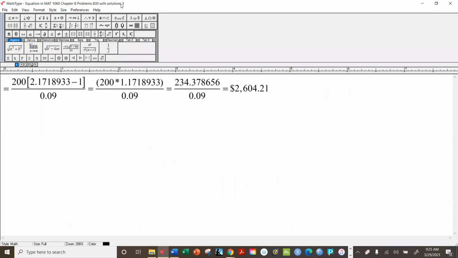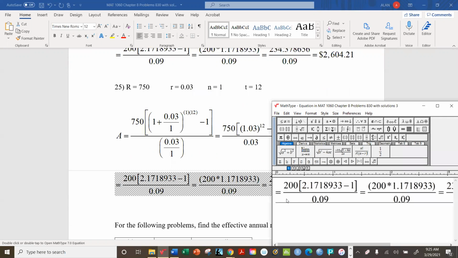All right, so we have 750. Now, 1.03 to the 12th power is roughly equal to 1.4257609, let's say.